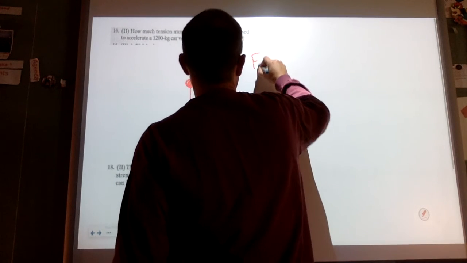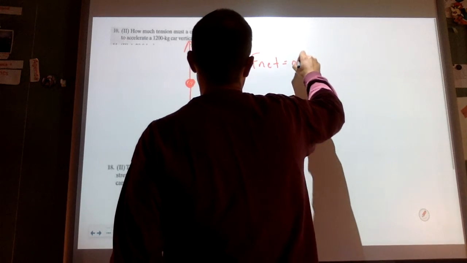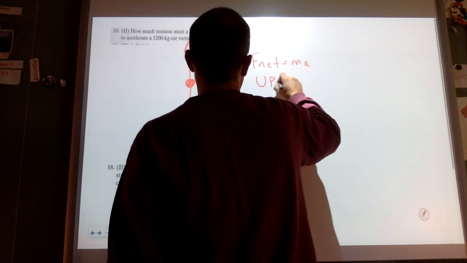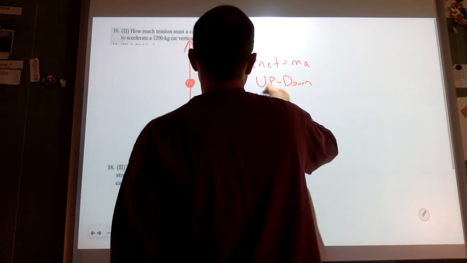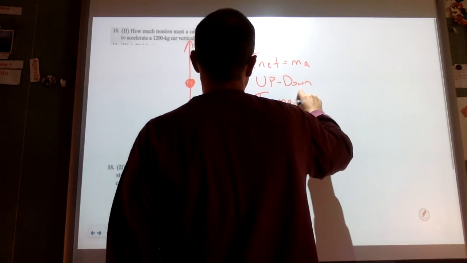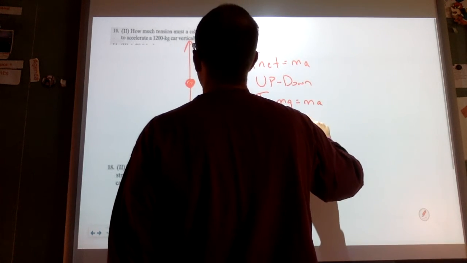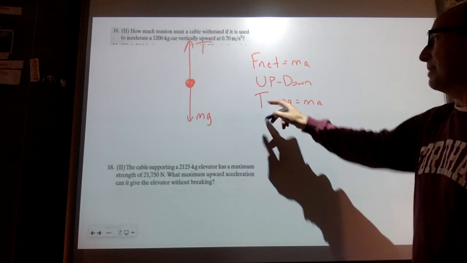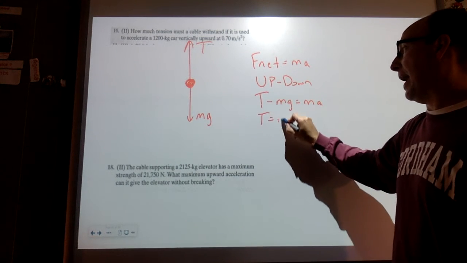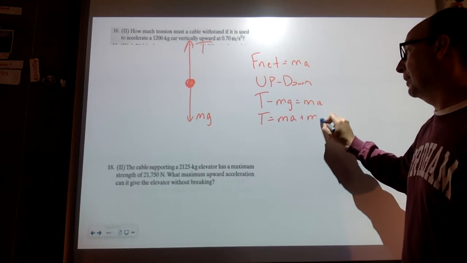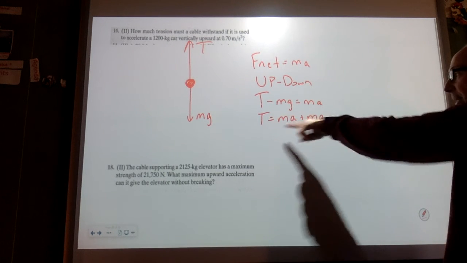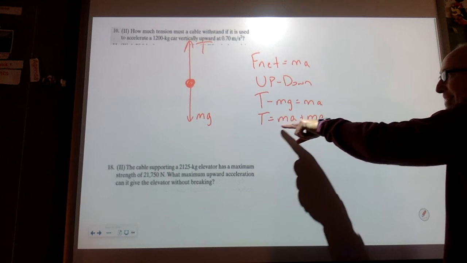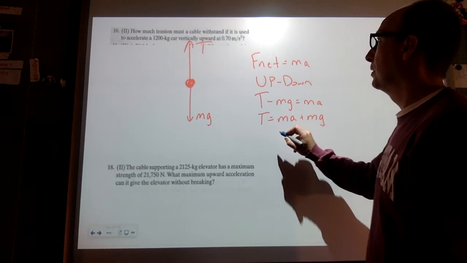So I'm going to look at Fnet equals MA. I'm going to take my ups minus my downs. And so I have T minus mg is equal to MA. And I'm going to get T by itself. So I'm going to add mg to the other side. And so we can see now that this tension is doing 2 things. It's lifting the car and it's accelerating the car.